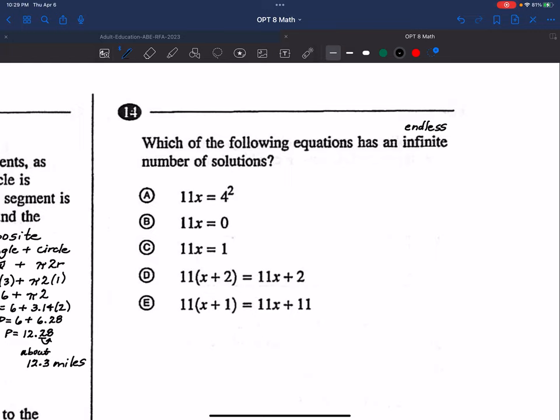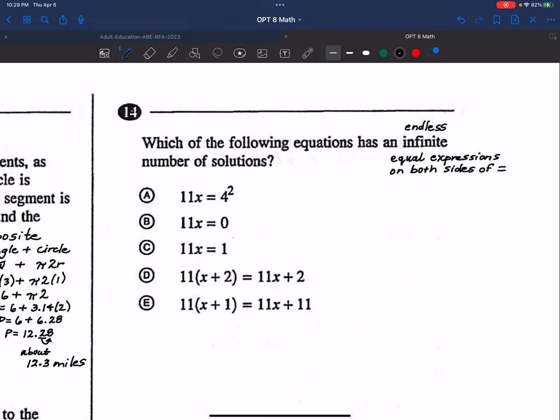And this is going to happen when you have equal expressions on both sides of the equal sign.